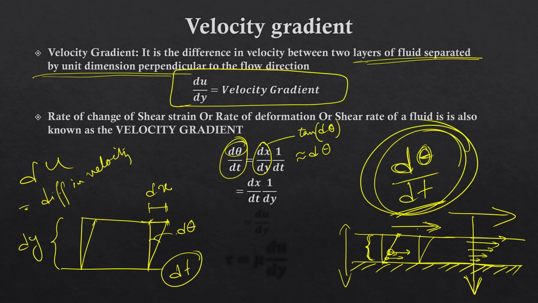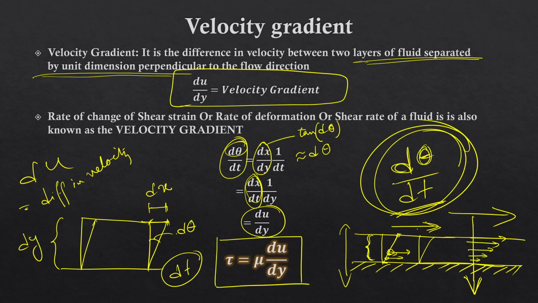and then we can say that dx by dt is the velocity, and after that dx by dt divided by dy will give us du by dy, and therefore we can say that Newton's law of viscosity itself can be written as tau equals mu into du by dy, which is the same as d theta by dt.